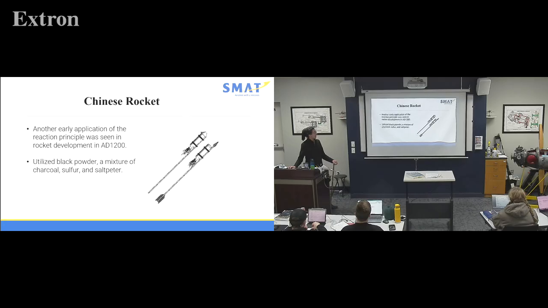Then we had Chinese rockets around AD 1200. Also the reaction principle. They took black powder, charcoal, sulfur, saltpeter, which is like potassium nitrate, exploded it, and made rockets out of it.